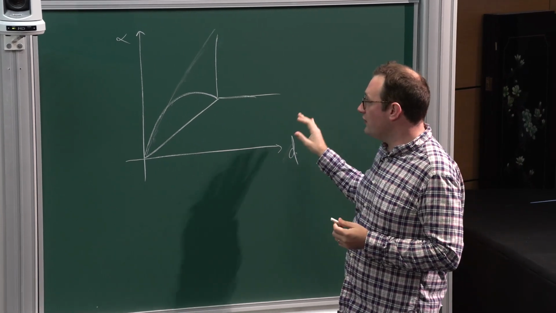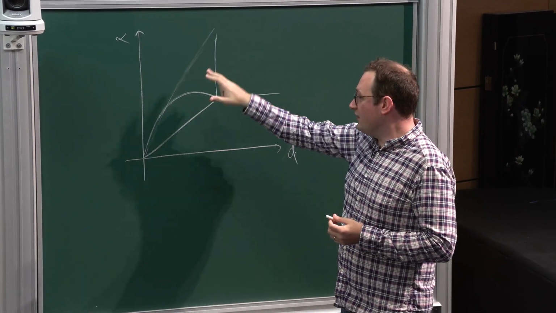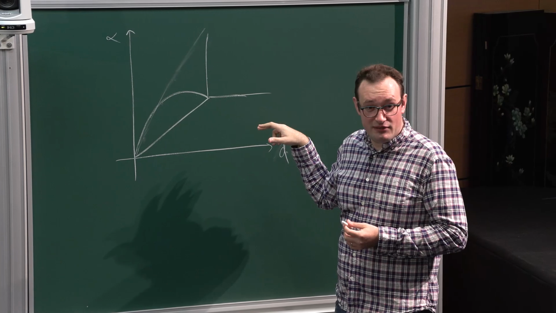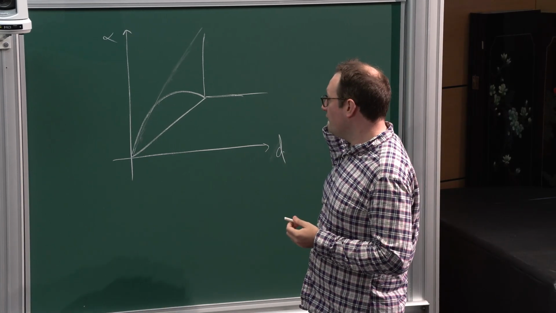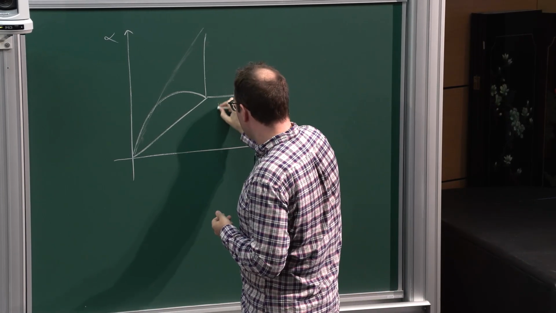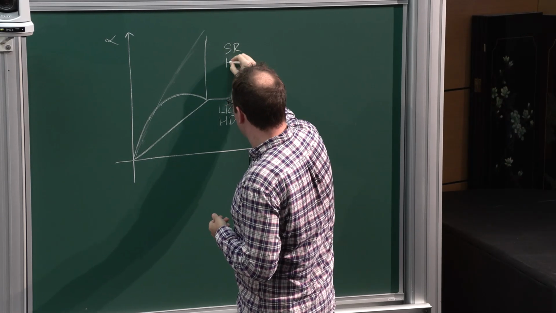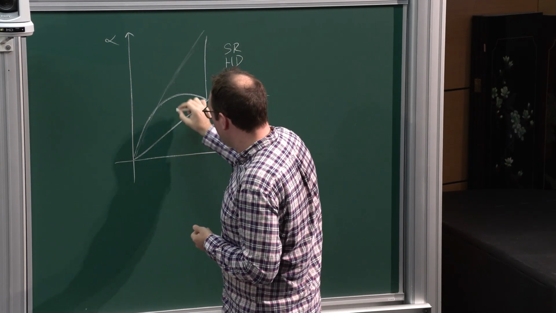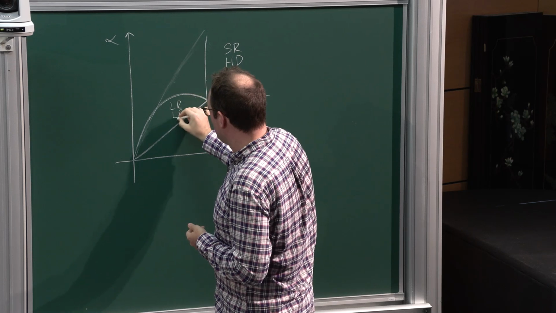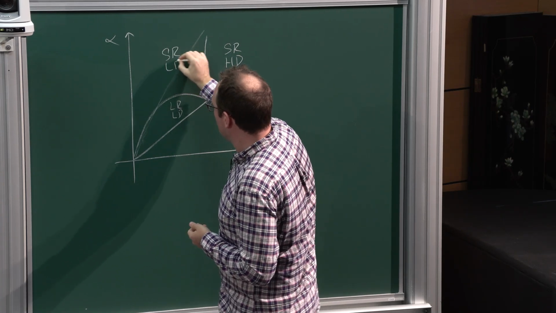So we're going to restrict attention basically to the three other regimes. This is the long-range high-dimensional, short-range high-dimensional, long-range low-dimensional, and this is short-range low-dimensional.